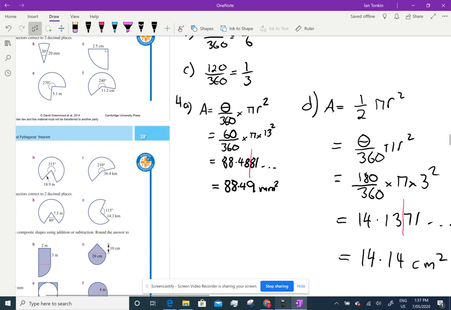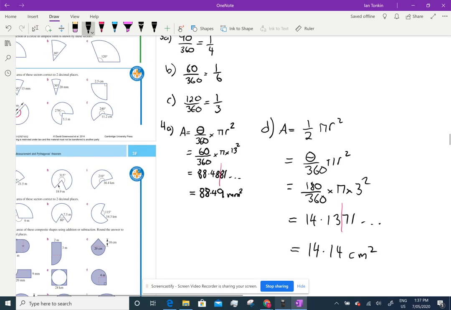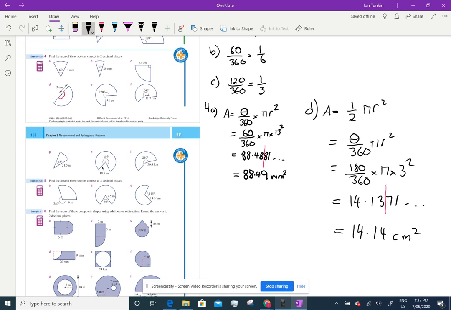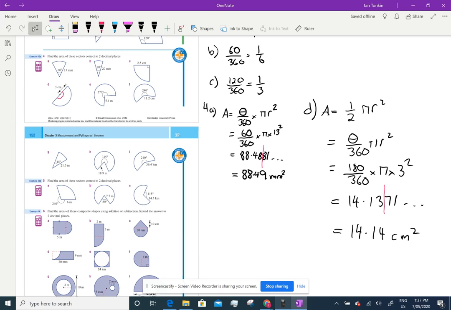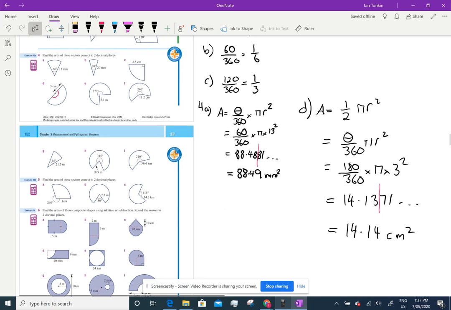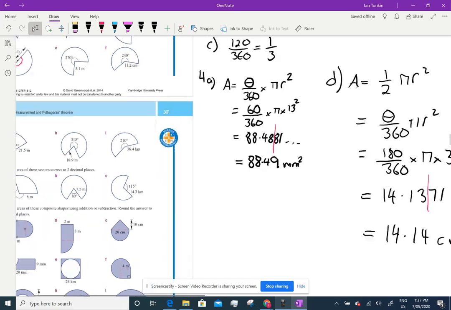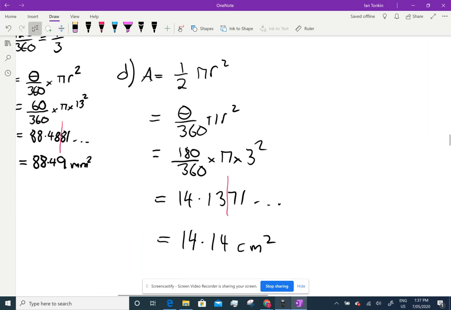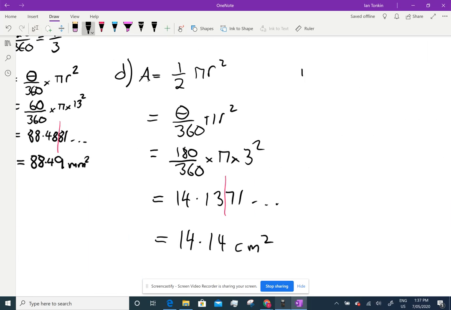Now, I wanted to do the last one because people get worried when it's a really big angle. So it doesn't make any difference. So I'll do, I don't know, F or I. I'll do I. 210. So area equals theta on 360 times pi r squared.